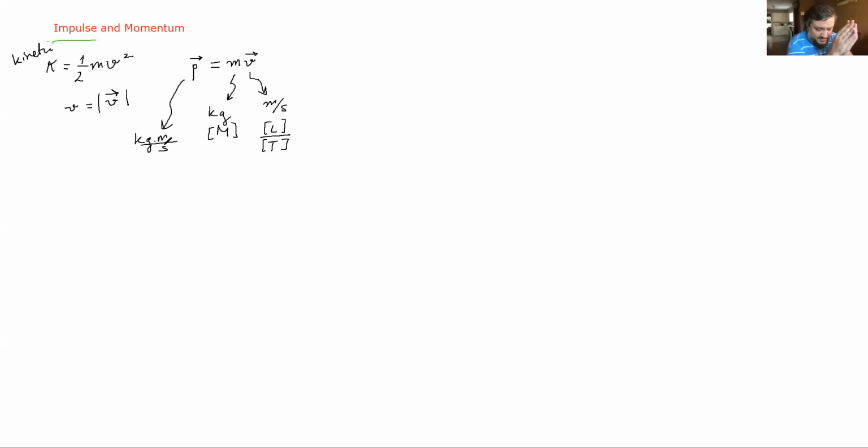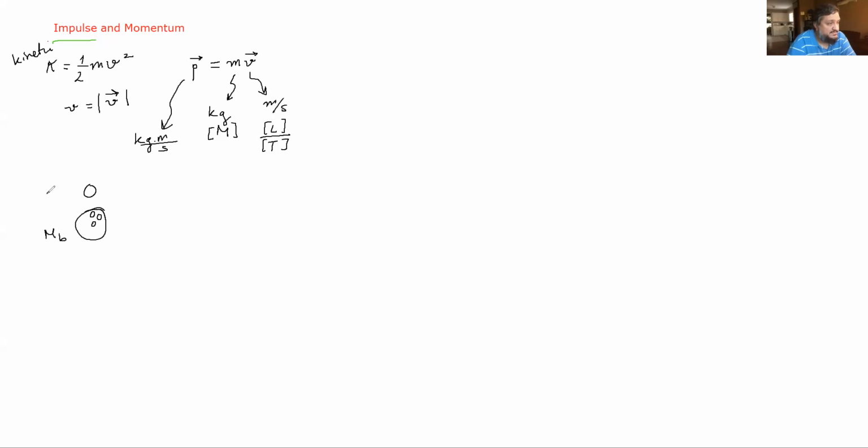Now you could compare the momenta of objects, let's say a tennis ball versus, I don't know, a bowling ball, right? So a tennis ball versus a bowling ball, which is much heavier, right?